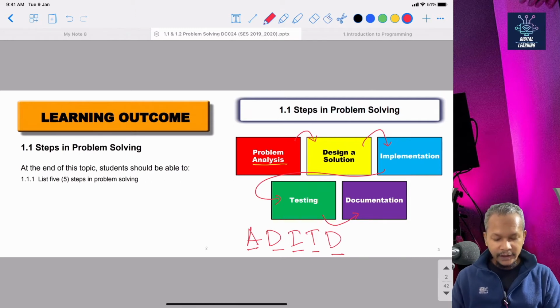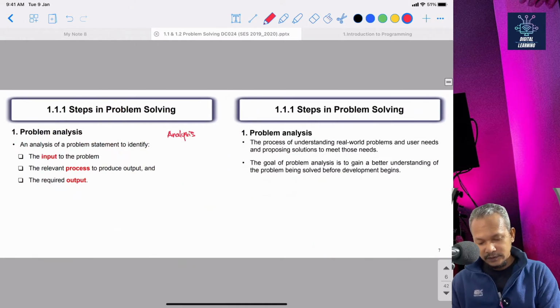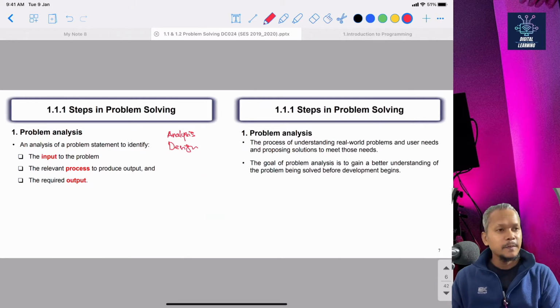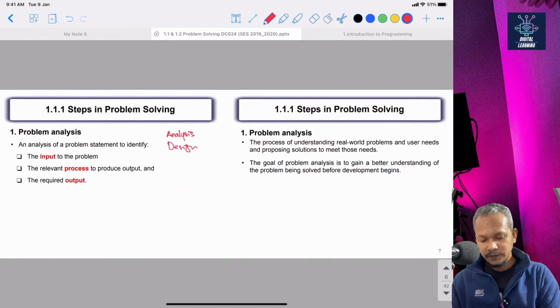Okay, analysis, design, and then next you can remember documentation, and then implementation.